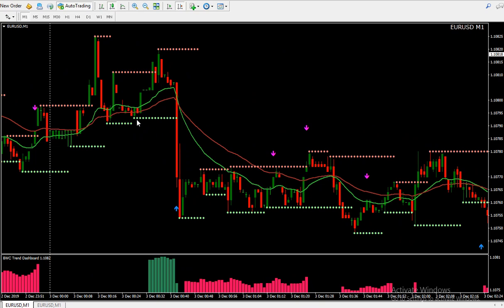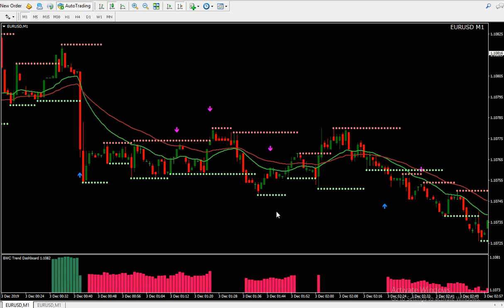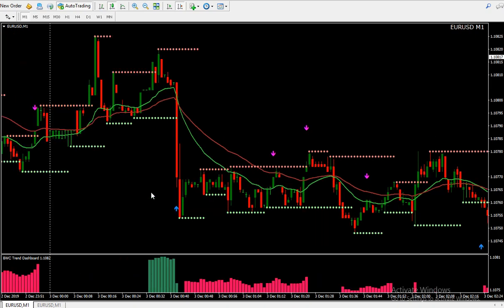As I spelled out in the PDF that gives instructions on the previous video, the signals come very close to when price is approaching a support resistance level. Do remember that reversals and trend continuations happen at those major levels, support and resistance, and so our signals will be taken around those levels.